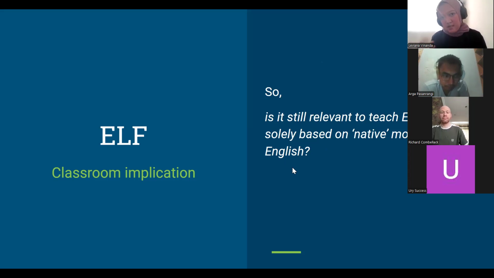It doesn't mean that we reject the British or American varieties, no. Especially if your students are facing high-stakes exams like IELTS or TOEFL, which are still based on the native model of English. But teaching solely British or American varieties in our classroom, is it still relevant? That's the big question that researchers in ELF keep trying to advocate and understand more.